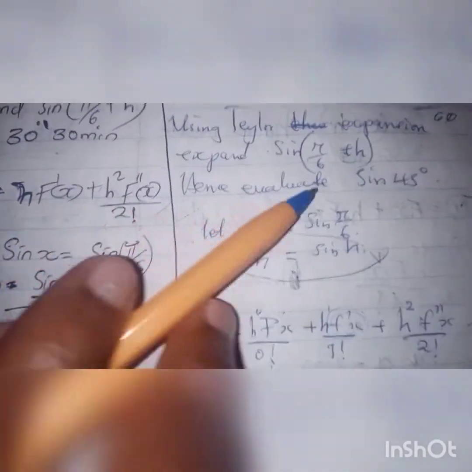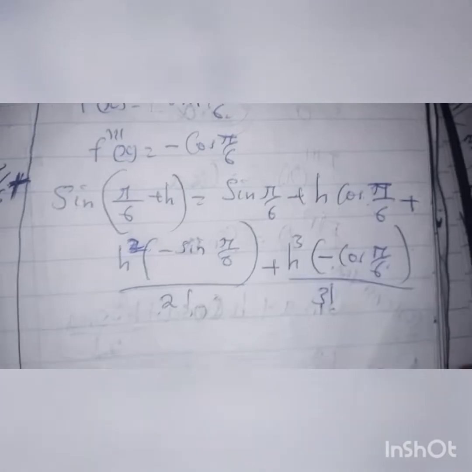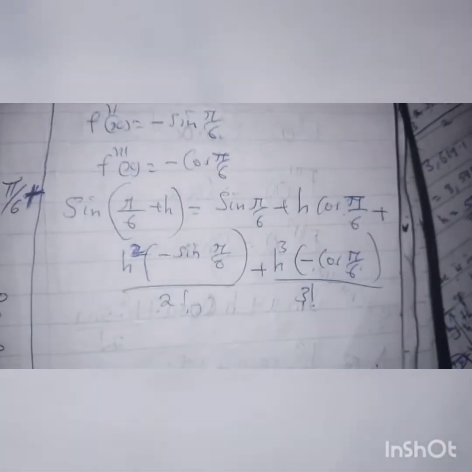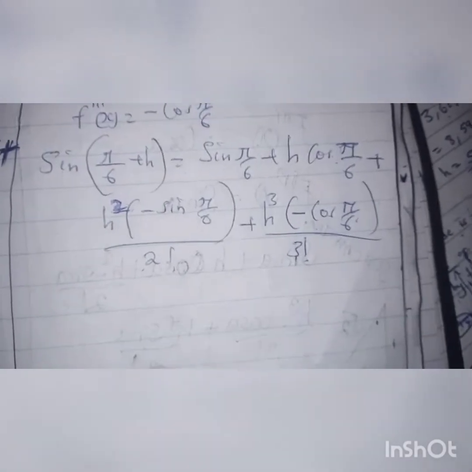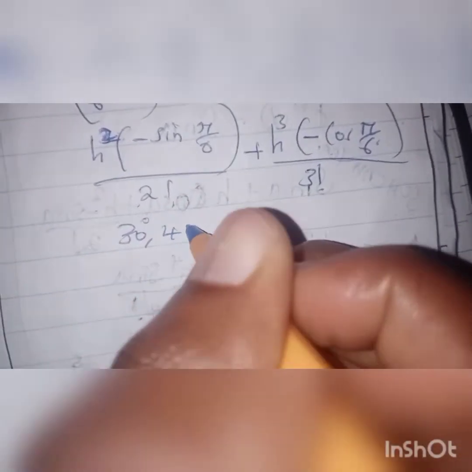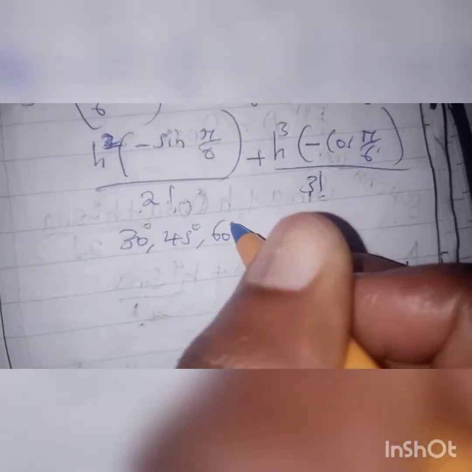Now they are asking you to evaluate the sine of 45 degrees. I will show you the easiest method of solving it. Remember, we have these three specific angles: 30 degrees, 45 degrees, and 60 degrees.